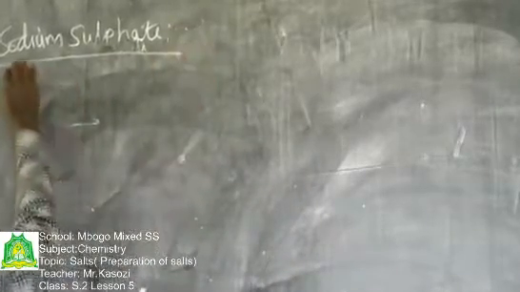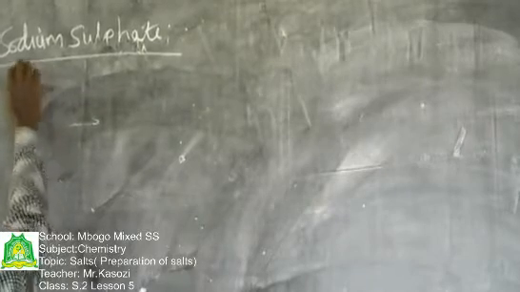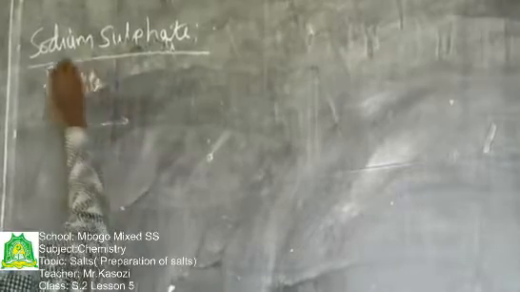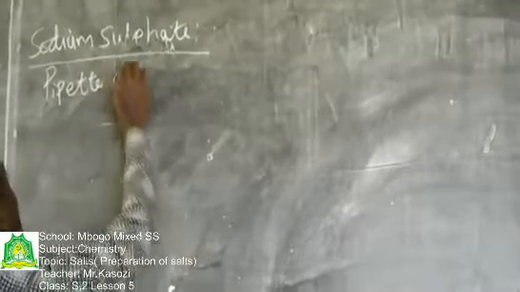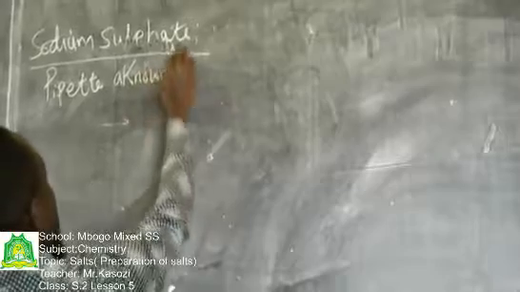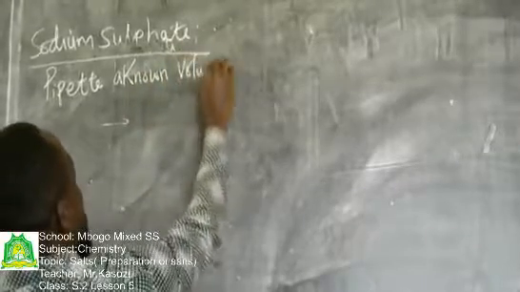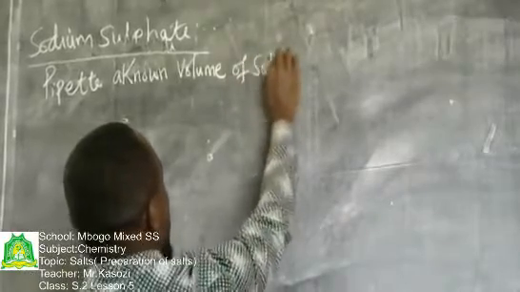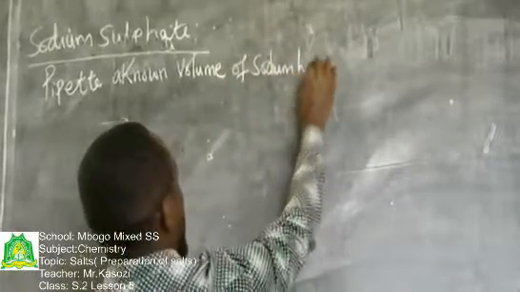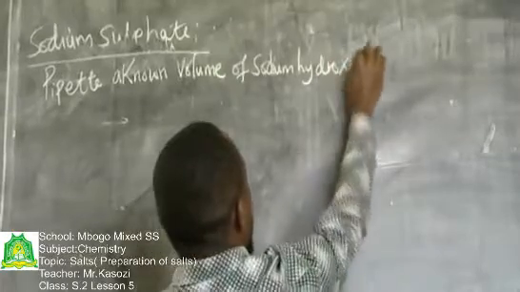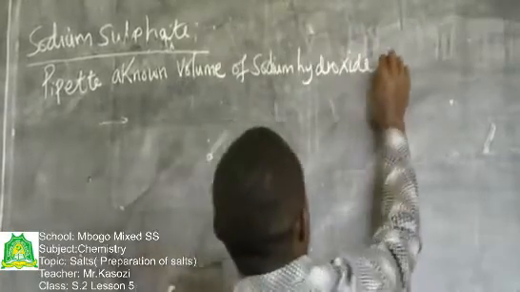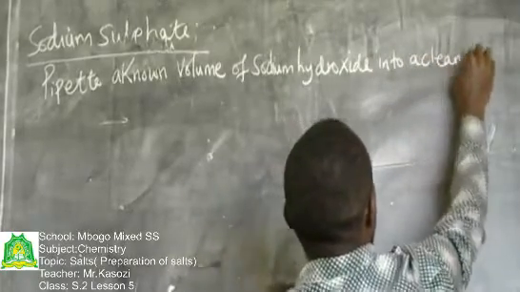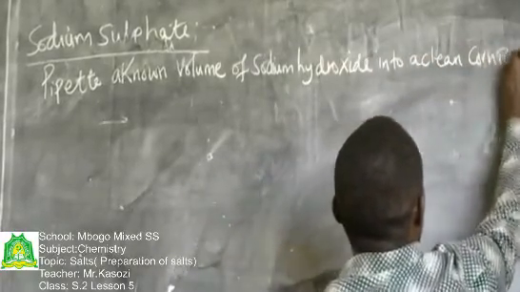Shall we say we pipette a known volume of sodium hydroxide into a clean conical flask.